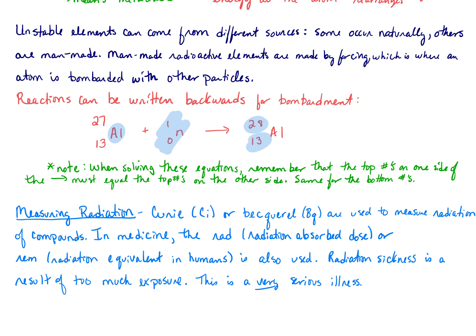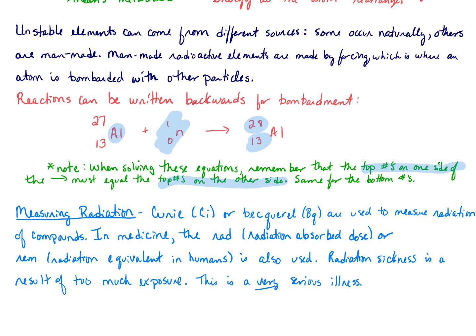So instead of having the radiation occur on the product side, it's just occurring on the reactant side here. You could do the same thing with a proton, or really anything for that matter. So as I said, just noting here, remember that the top numbers on one side of the equation must equal the top on the other side. Same thing for the bottom numbers, right?